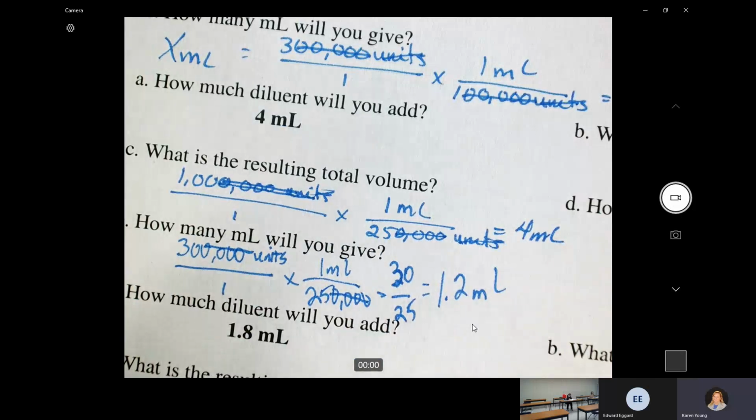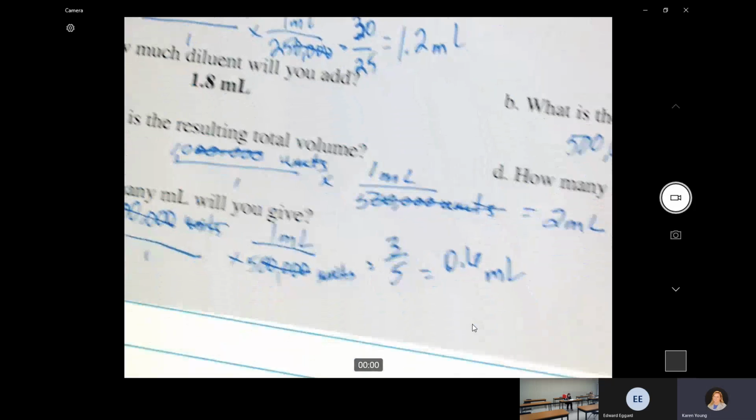Then with the 1.8, I still have the 1 million units, and I have 500,000 as my supply. So I have 5 zeros, 5 zeros. 10 divided by 5 gives me 2 milliliters. Also, you can see that.